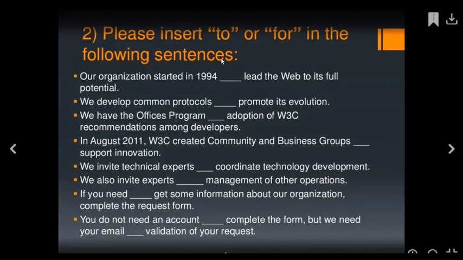The number 3, we have the offices program for adoption, okay. Number 4, in August 2011, W3C created community and business groups to support innovation. Support means apoyar, okay?